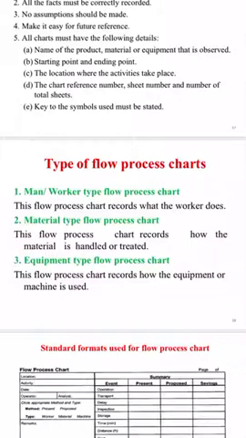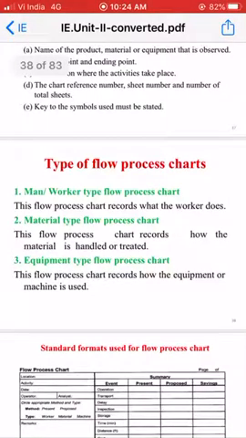In the second case, activities related to material will be recorded. And in the third case, the equipment type flow process chart records how the equipment or machine is used. It means the activities related to equipment or machines will be recorded.